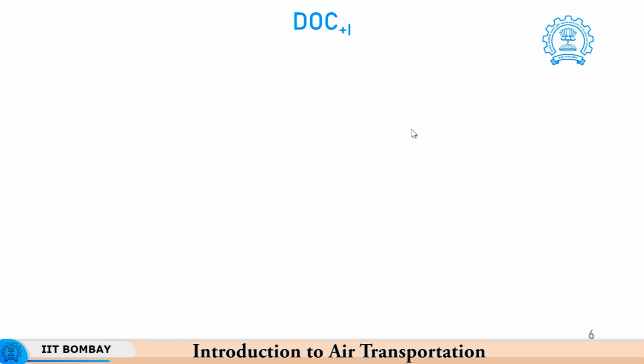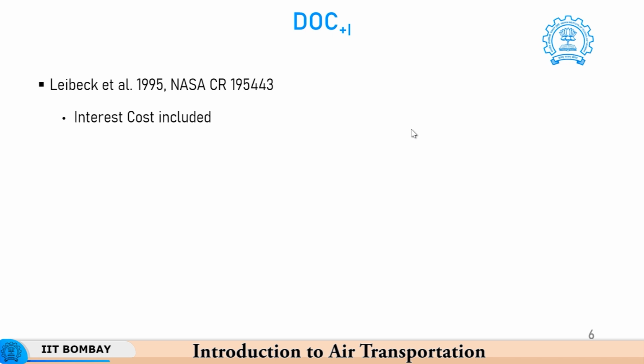The DOC plus I method is a method which was proposed by Liebeck et al. in 1995 and it was documented in a NASA CR. The cost of interest which was missing in the previous model has been included in this particular model, and this model was based on the economic data of the McDonnell Douglas aircraft, which was quite popular in the late 90s.